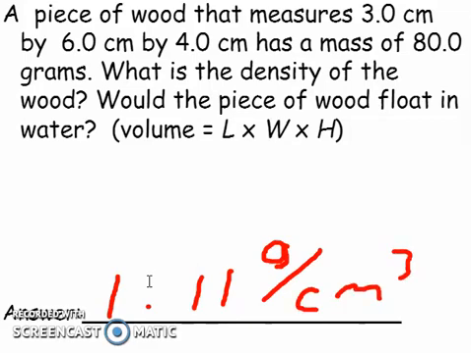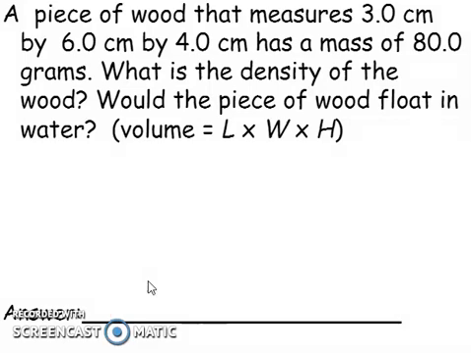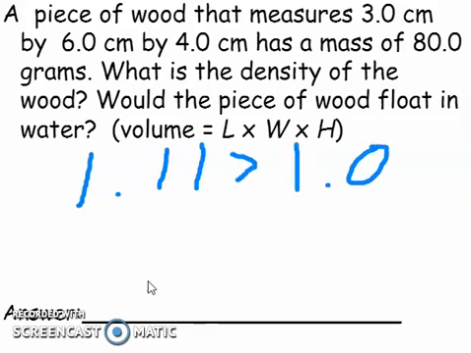Now it's asking, would this piece of wood float in the water? Does anyone know what the density of water is? The density of water is 1.0. And since this piece of wood is 1.11, is that greater than or less than 1.0? It is greater than 1.0.